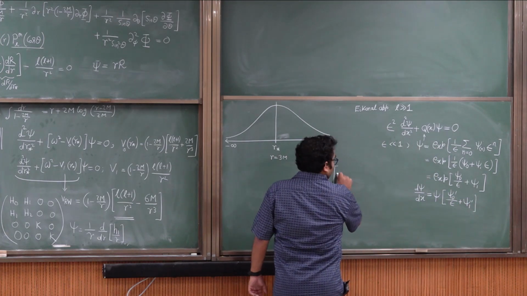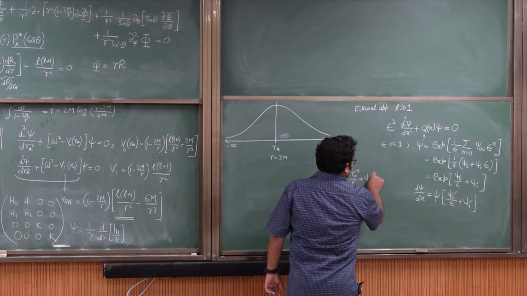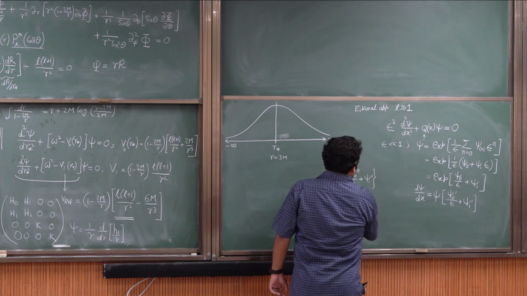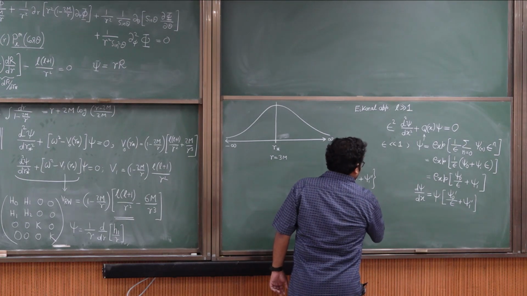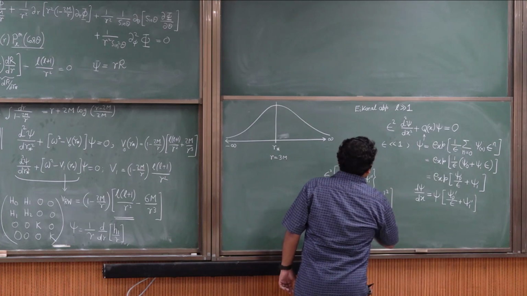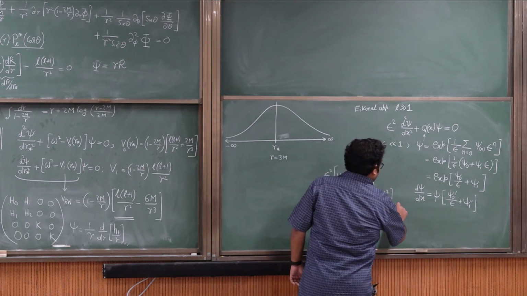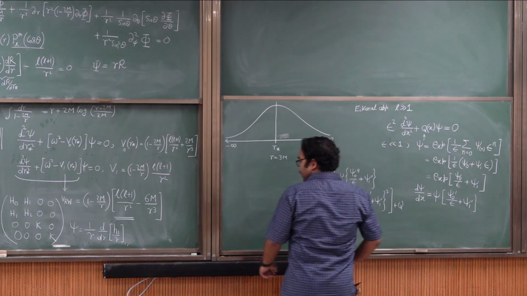So if I take double derivative, I will have psi into psi 0 double prime by epsilon plus psi 1 double prime plus psi into psi 0 prime by epsilon plus psi 1 prime square, and then I will have q into psi.